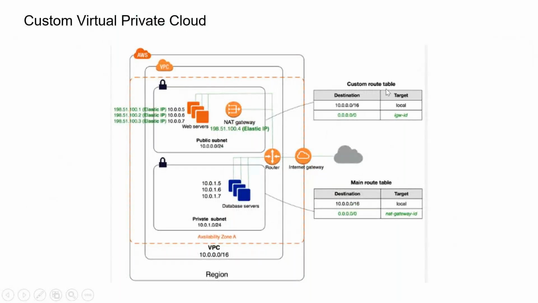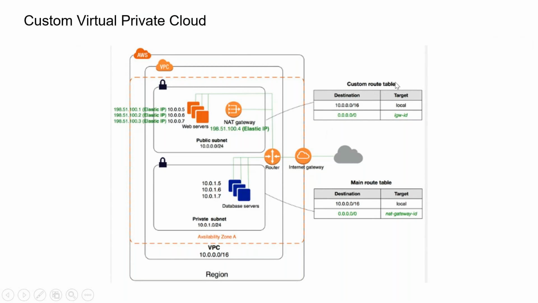In the custom route table or main route table, if an internet gateway is available, then our instances which are inside a public subnet can access the internet.